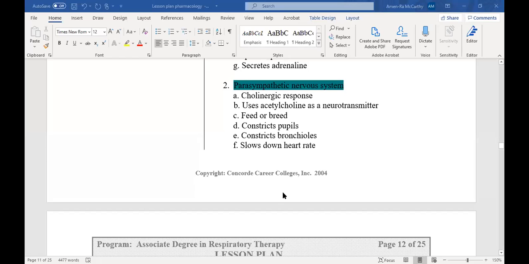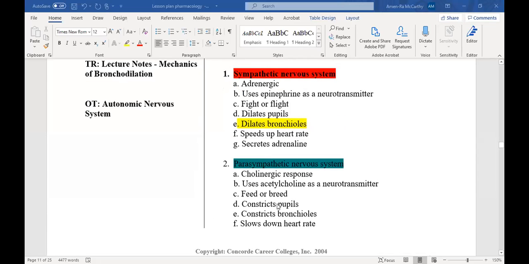And when that happens, you have pupil constriction, bronchioles constrict, and the heart rate slows down, okay? Everybody understand that?